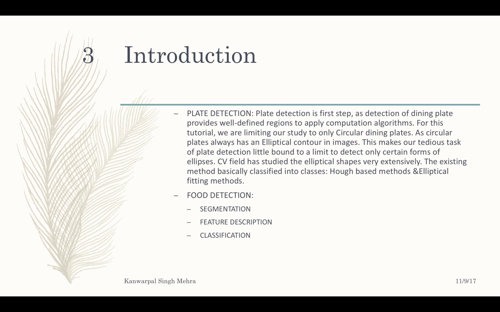Detection of food has been accomplished in three basic steps. Firstly, we are segmenting the whole image pixels, differentiating due to some properties that this could be a different food, this could be a different food. So we are segmenting the pixels in the first place.